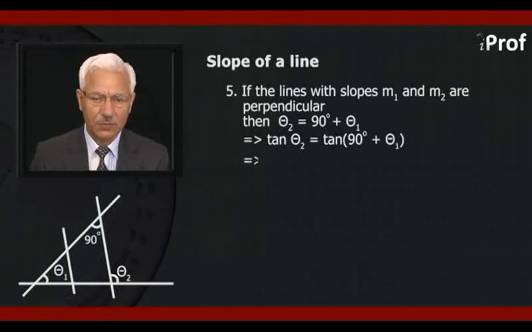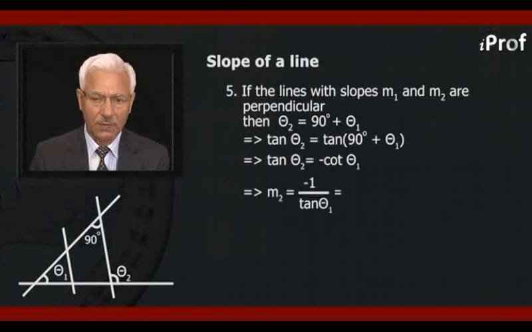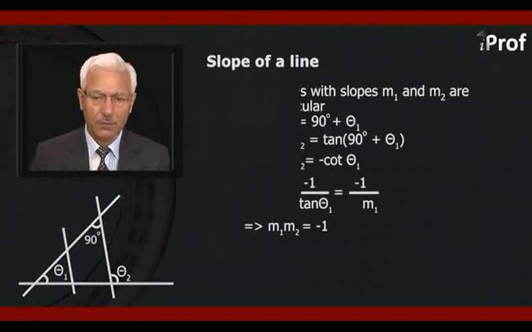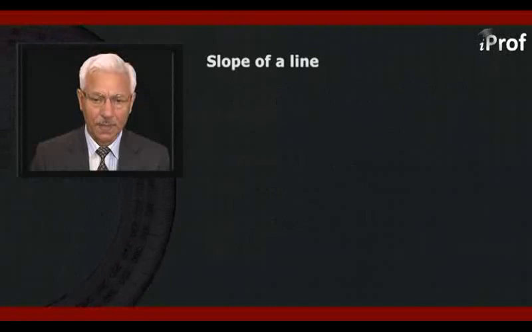That is, tangent theta 2 equal to minus cot theta 1. That is, m2 equal to minus 1 upon tangent theta 1, which is equal to minus 1 upon m1. Therefore, m1 m2 is equal to minus 1. That is, product of two slopes is equal to minus 1.